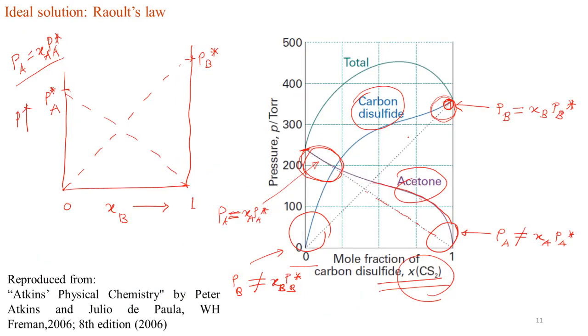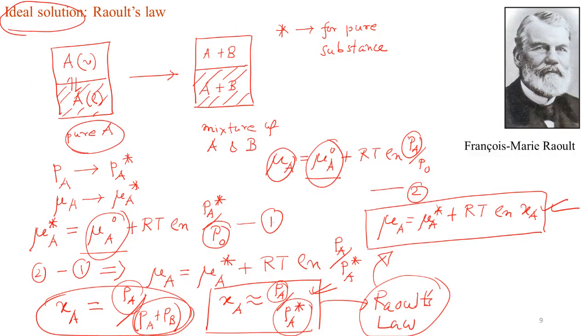So just to summarize, for Raoult's law, what we got is this relationship that the mole fraction is equal to the partial pressure divided by the total pressure. Instead of the total pressure, we write it as the pressure of the component when it is in pure form. That will hold only for some solvents.